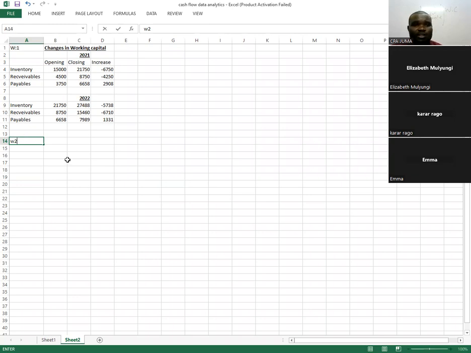I will just call it PP. W should be caps, not a must. I want to know whether they acquired or not. We already know it was acquisition. The way you arrange your workings doesn't matter. I can just say opening. Somebody will say balance brought down. I have no problem with that, whichever way you arrange it, provided you are linking the other side.